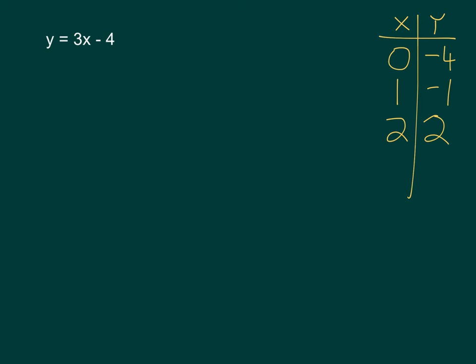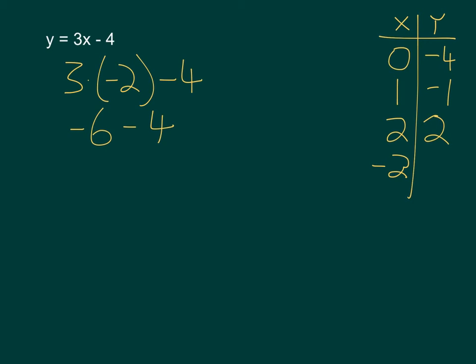And the last one I'm going to try is negative 2. So 3 times negative 2 minus 4. 3 times negative 2 is negative 6 minus 4.